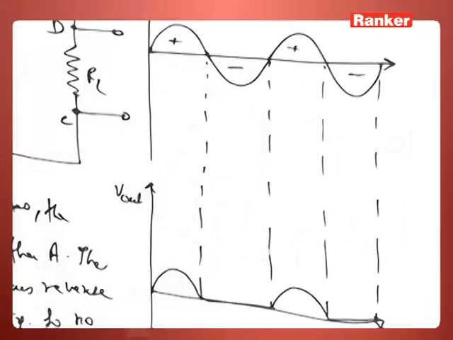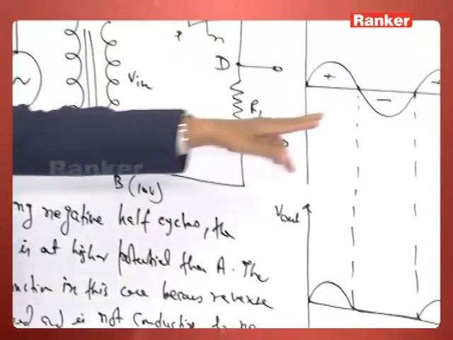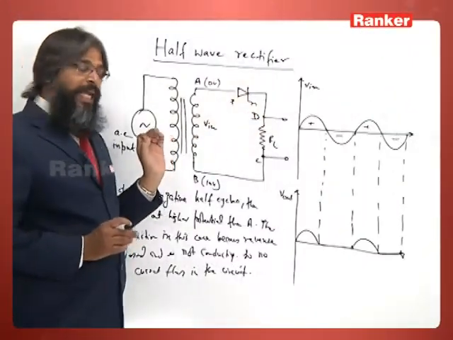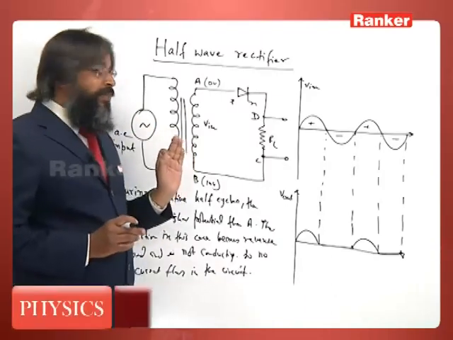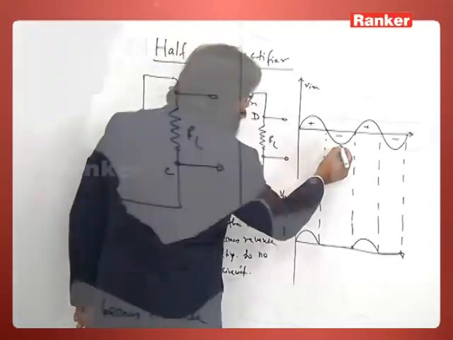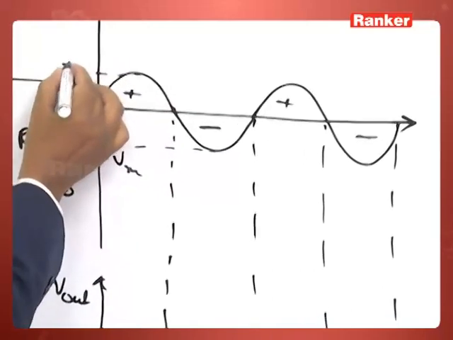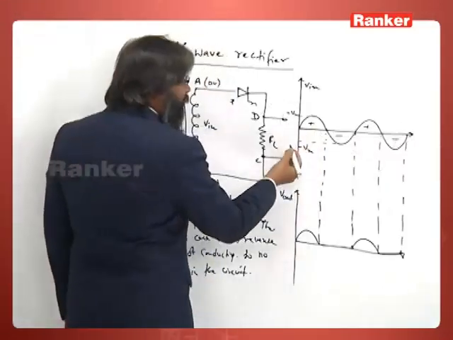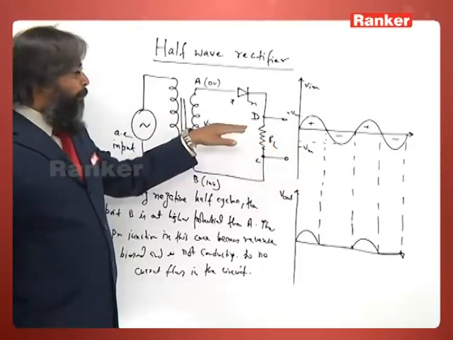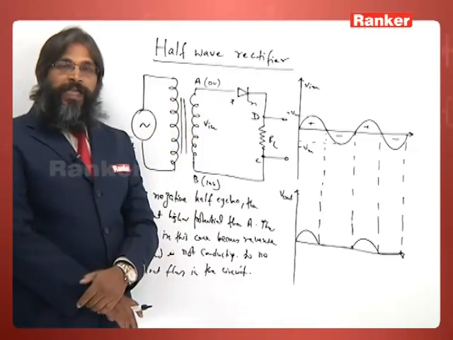What is important, our concern here, is that during negative half cycles the diode becomes reverse biased, and we must take care that the reverse voltage, the maximum voltage, this is minus V max and this is plus V max, should not reach the peak inverse voltage, that is the breakdown voltage of this diode.